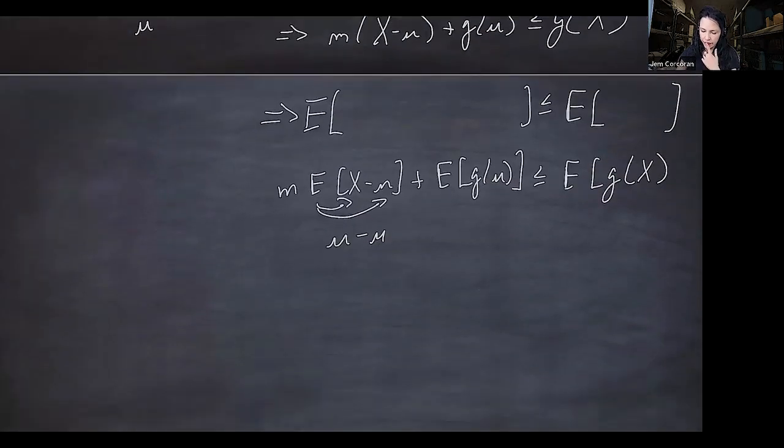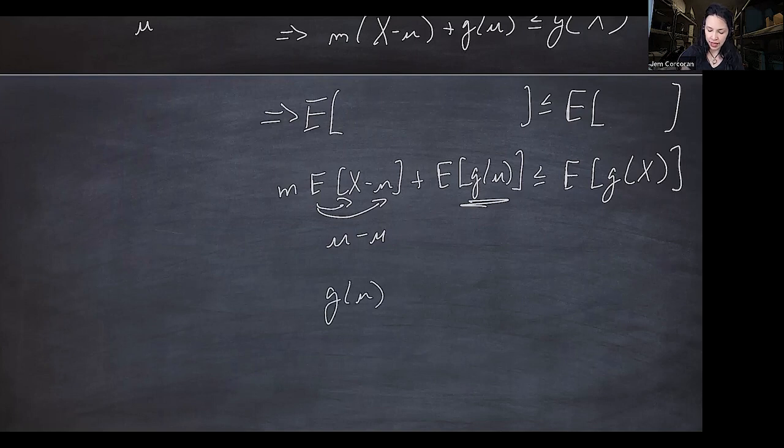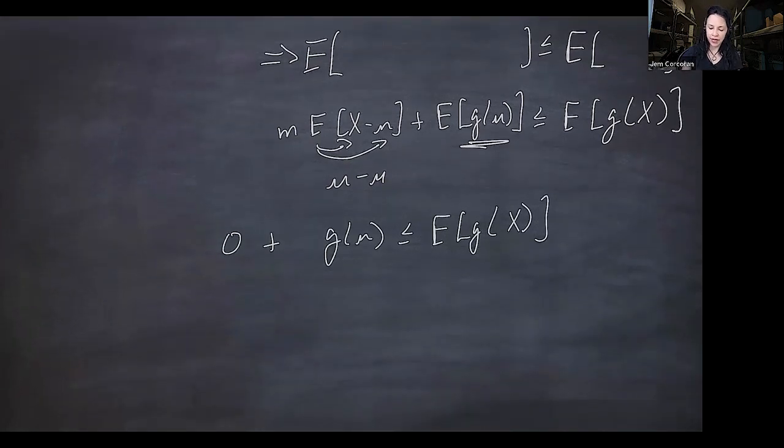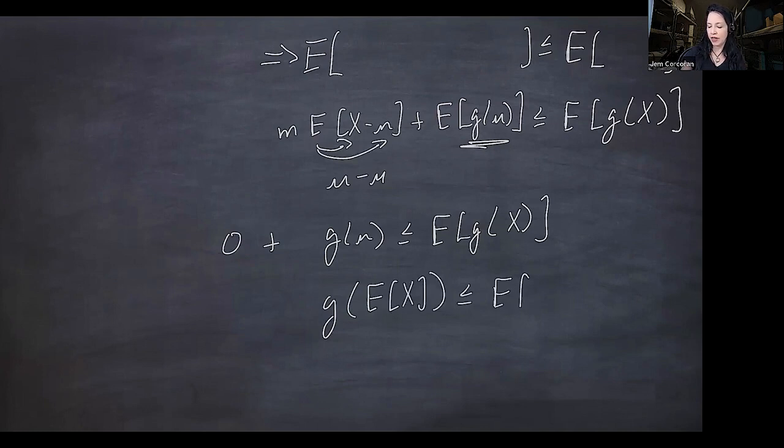Oh yeah, sorry, g of mu is a constant. There's nothing random there, so the expected value of g of mu is just g of mu. So I get 0 plus g of mu less than or equal to the expected value of g of X. In other notation, this is g of the expected value of X less than or equal to the expected value of g of X. And that's what we were trying to show.